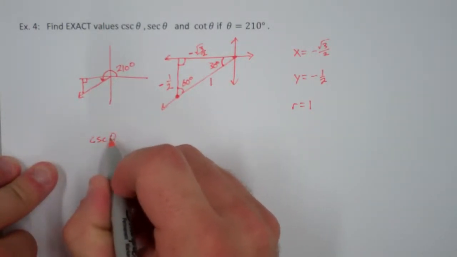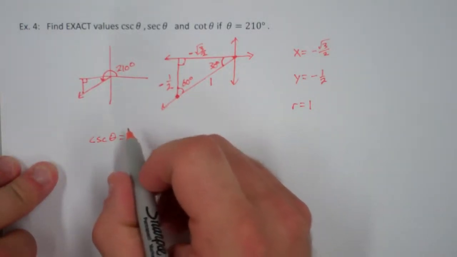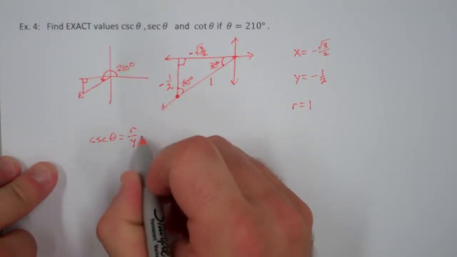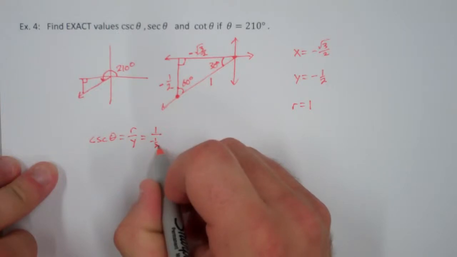So the cosecant is the reciprocal of the sine, and that's going to be r over y, which is 1 over negative 1/2.